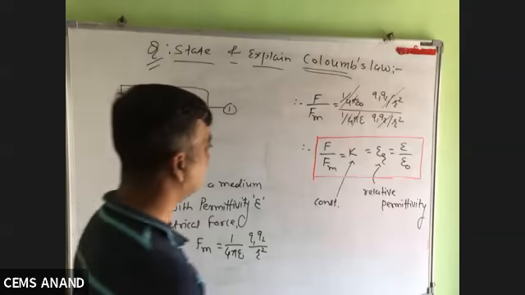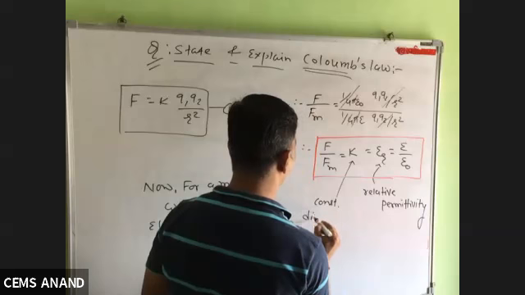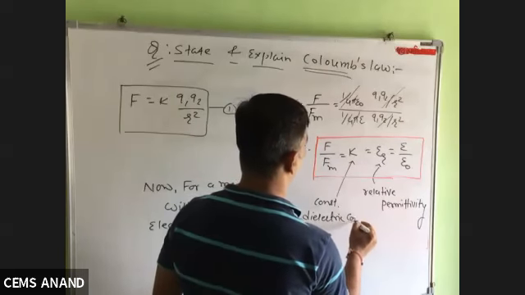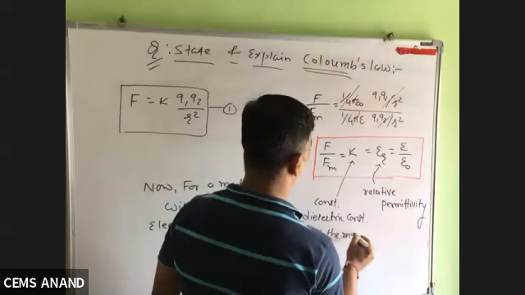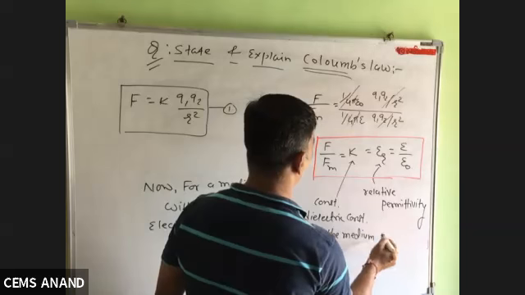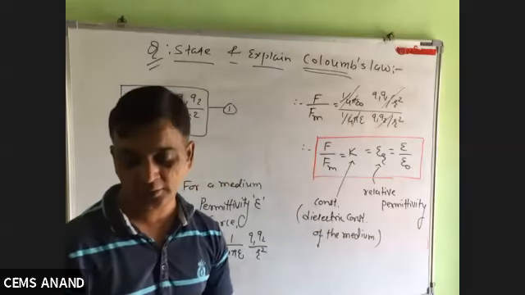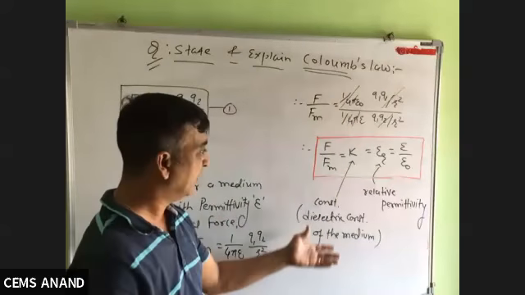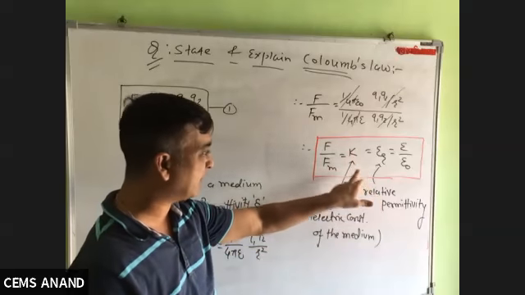Another name of it is also dielectric constant of the medium. Sometimes the numerical is given in this way: the dielectric constant of a medium is 2. Let's say the question says that, then the value of the dielectric constant given is K.